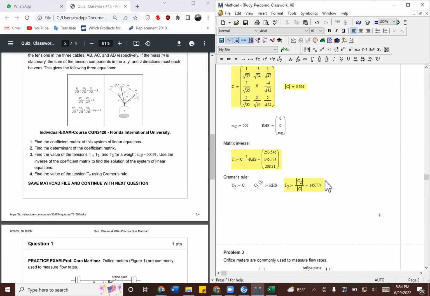So the determinant of C2 divided by the determinant of C. And you should get this same value here for T2.